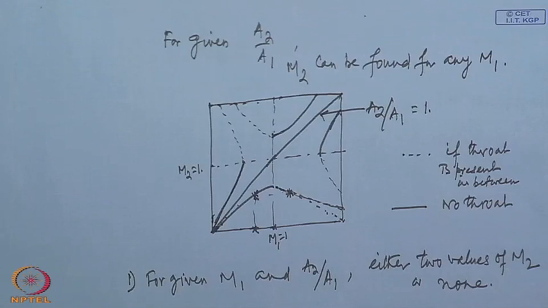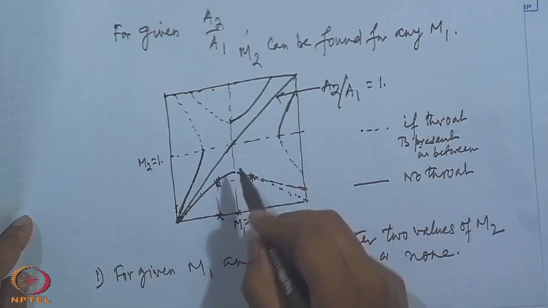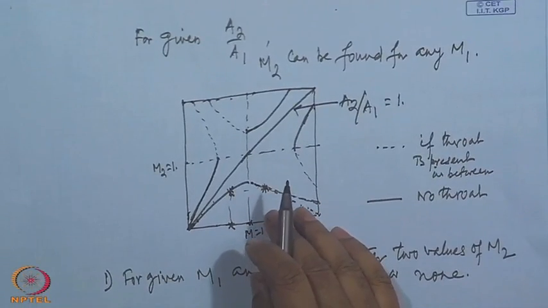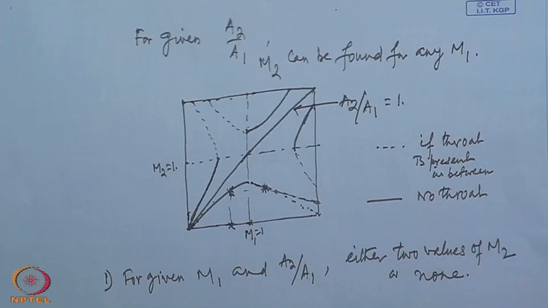Now, once this point is reached, there is no way of reducing the area further without a simultaneous change in the steady state condition at section 1.